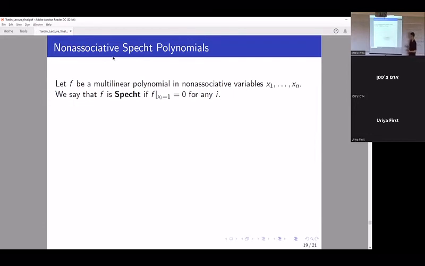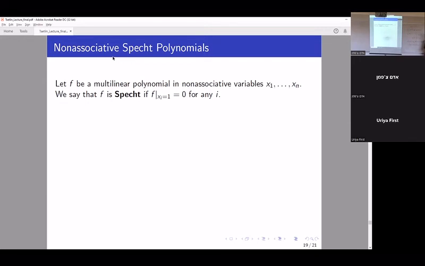They do commute and associate with the basis. So the scalars associate with everything and commute with everything, but each monomial can look like any product with parentheses as you wish on these variables. And again, we can give the same definition that the polynomial is Specht if when we substitute one, for any substitution, the polynomial vanishes.